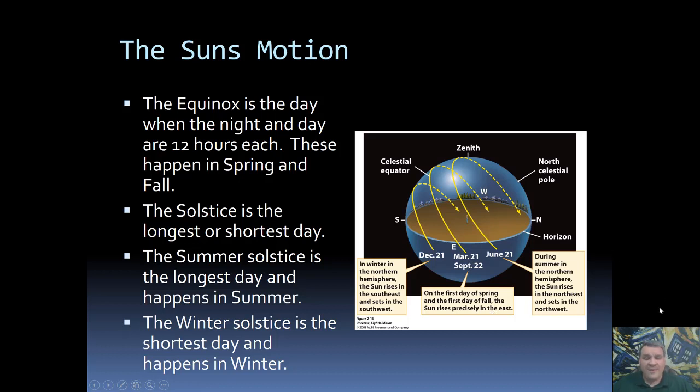So for the northern hemisphere, the winter solstice is the shortest day of the year where the sun is the lowest in the sky, and this occurs around December 21st. For the northern hemisphere, the summer solstice, which is going to be the longest day of the year where the sun is the highest in the sky, this occurs somewhere around June 21st. Now you can flip those for the southern hemisphere.